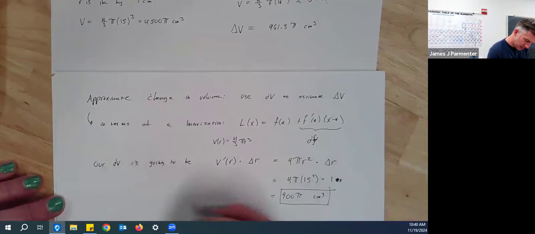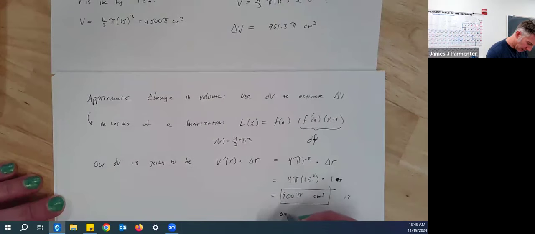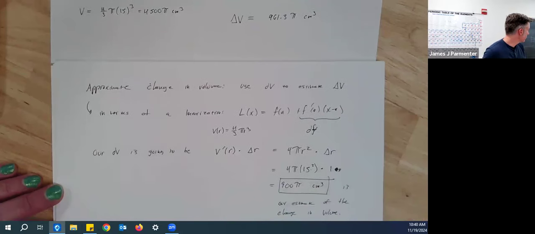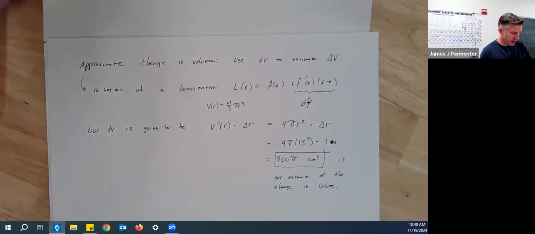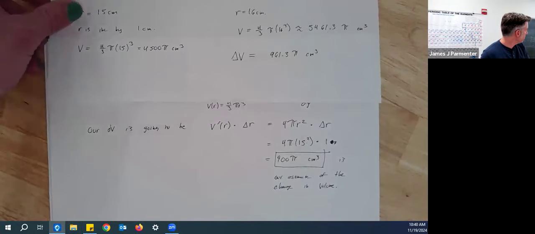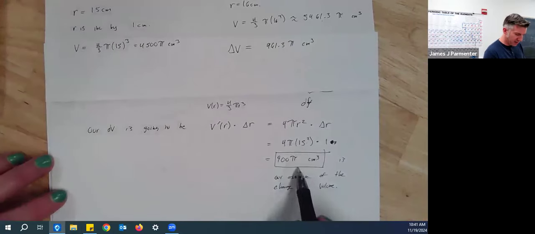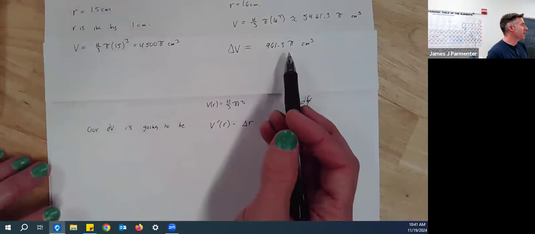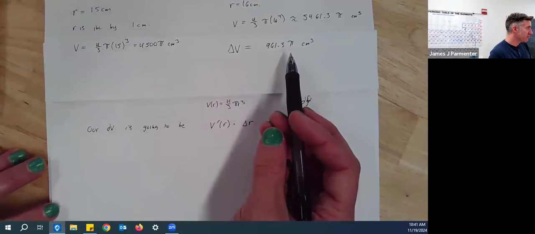So this is our estimate of how much the volume changed. Which, if you look back at what we calculated earlier, is not too shabby. 900 pi versus 961 pi is a decent estimate of how much the volume increased by.